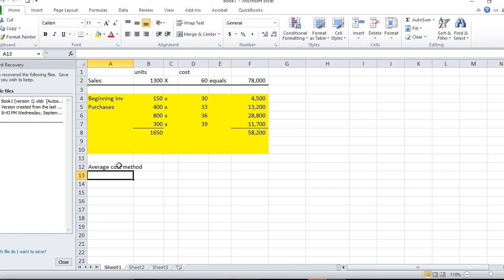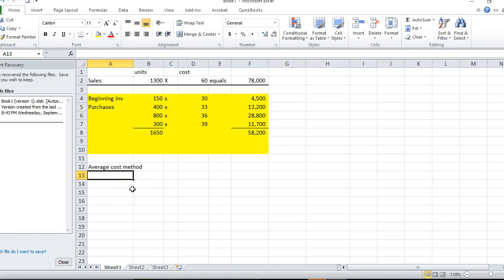The way we're going to calculate the average cost is we're going to take everything on hand, all 1,650 units, times what it cost for us to purchase those 1,650 units, and we're going to come up with an average cost.